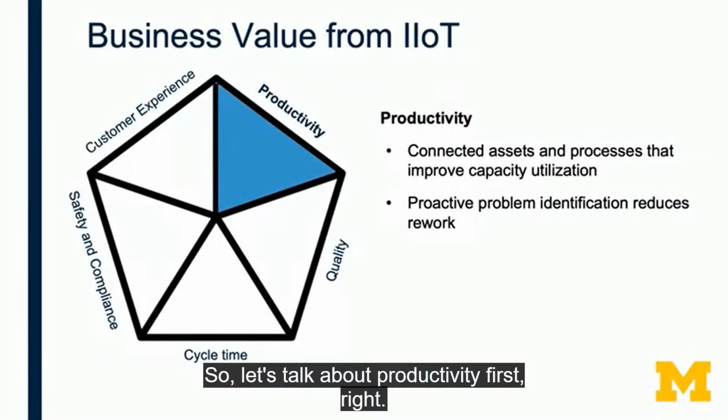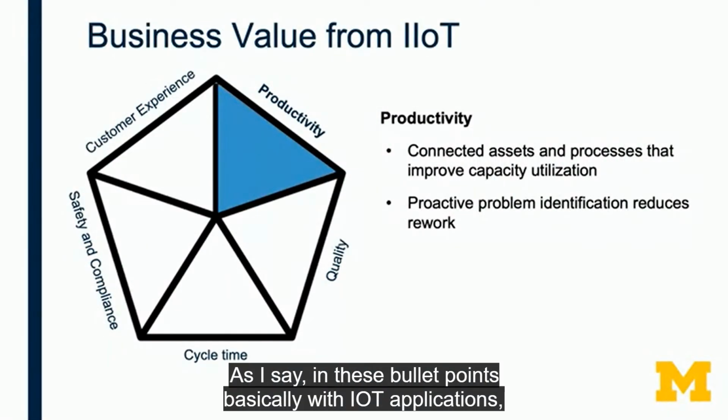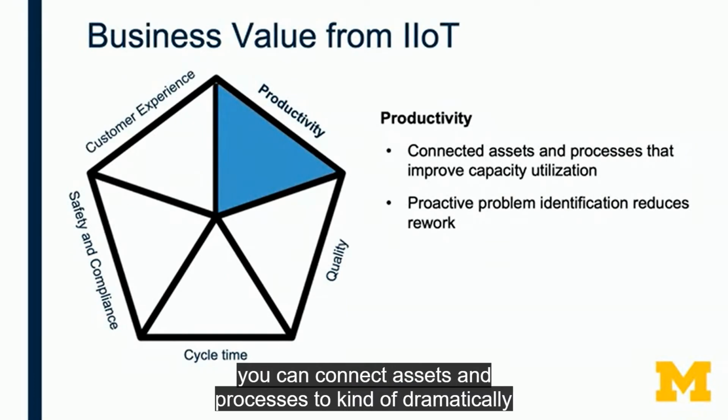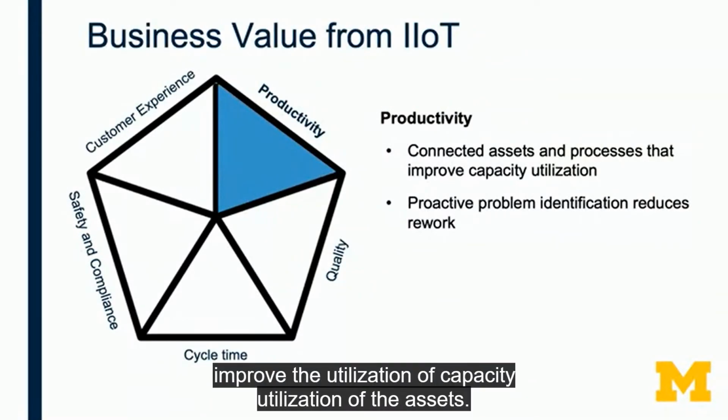As I say, in these bullet points, basically with IIoT applications, you can connect assets and processes to dramatically improve the utilization of capacity, utilization of the assets. Let me give you an example.